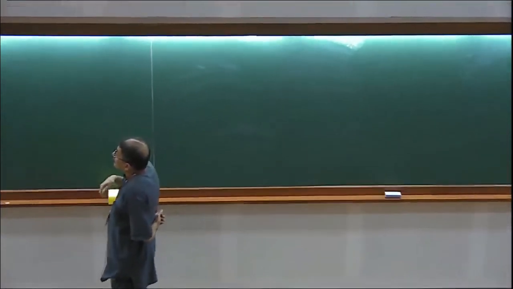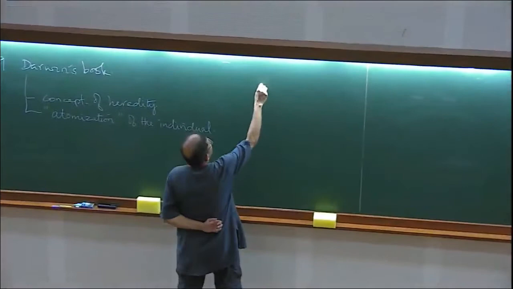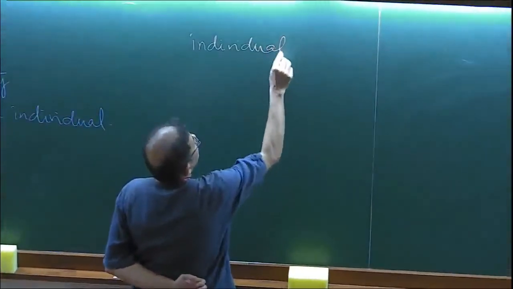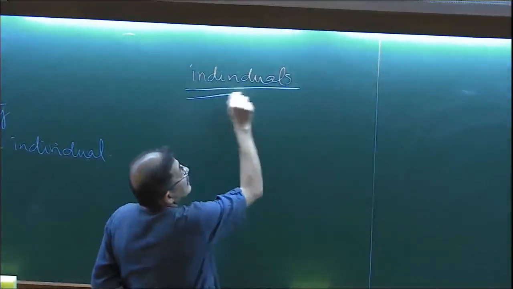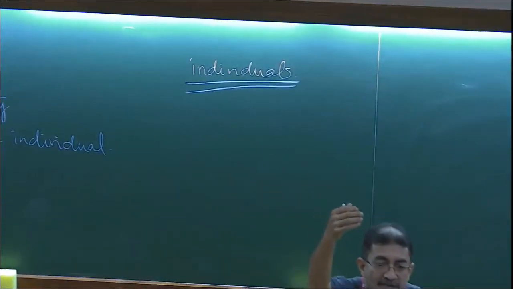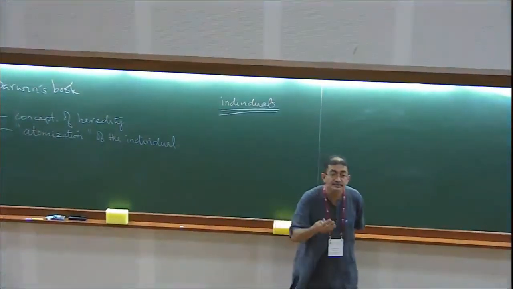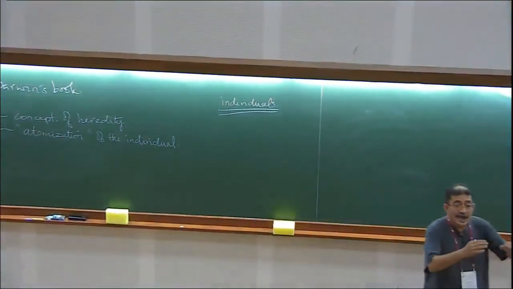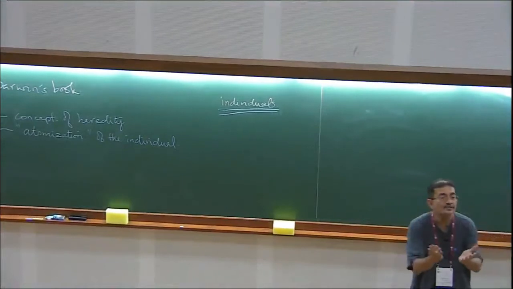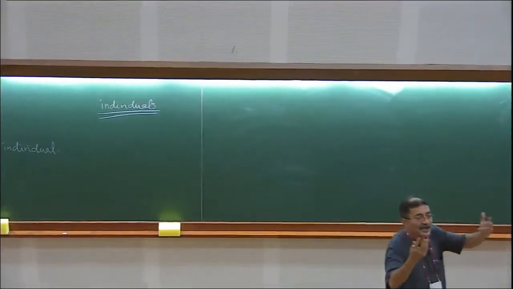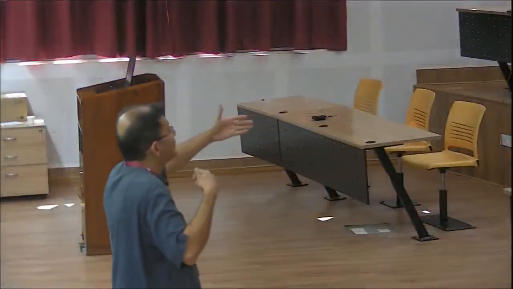Now, the minute you focus on individuals, you run into a problem. An individual consists of many traits or expresses many traits. And it is the totality of these traits. It's not just the size of the individual that will determine its ecological success at survival and reproduction.